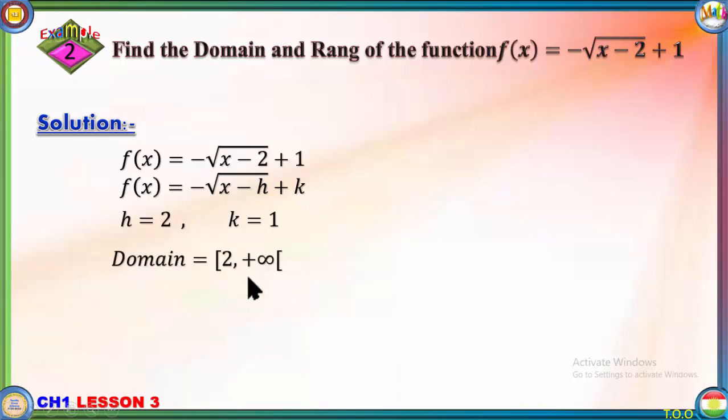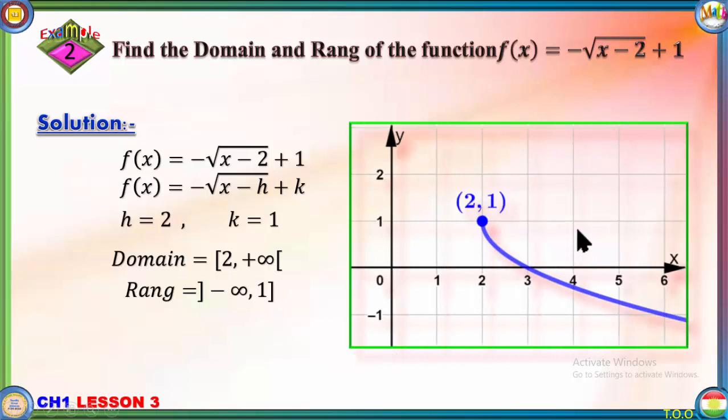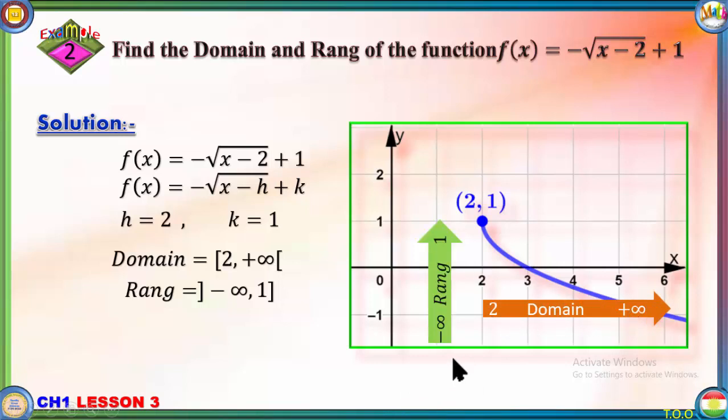The domain starts from 2 to positive infinity, and the range from negative infinity to 1, as you can see in the graph of this function. The domain starts from 2 to positive infinity, and the range begins from negative infinity to 1.